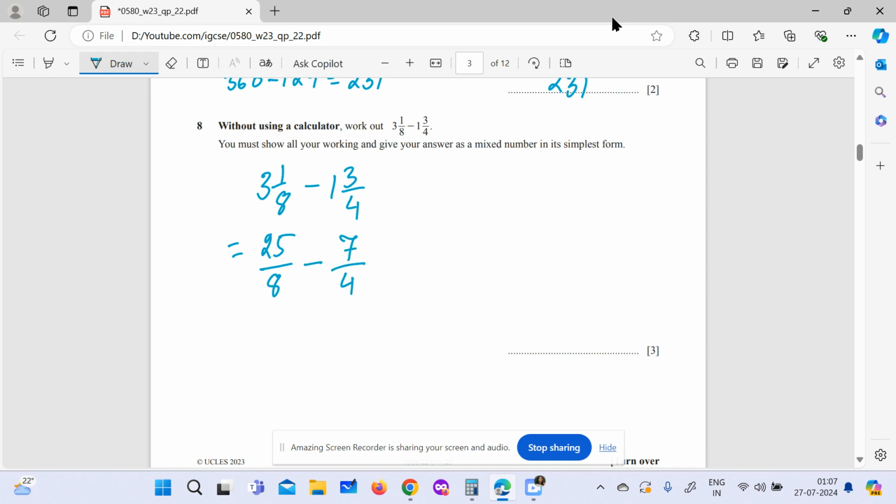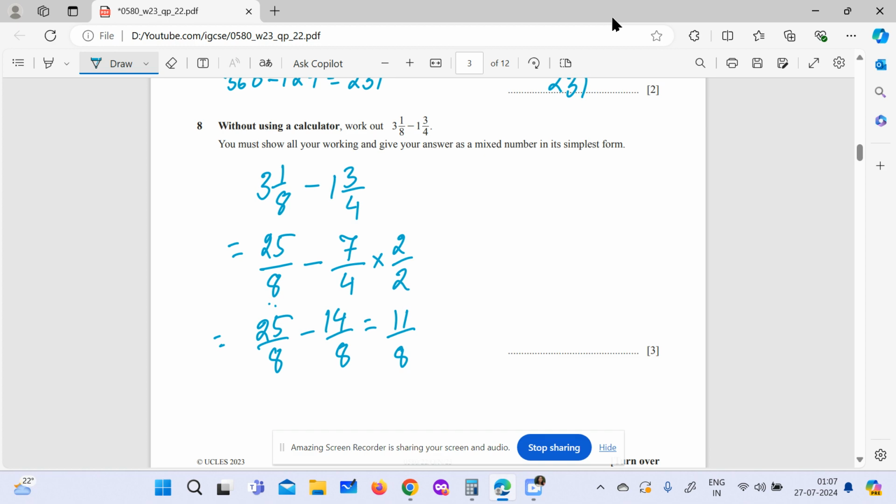Now, the next step is to make the denominators the same. Here you have 8, this is 4. Make this also 8. To make this denominator 8, we multiply by 2. So you get 25 over 8 minus 14 over 8. And that gives you 11 over 8.